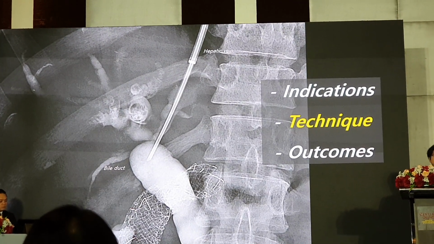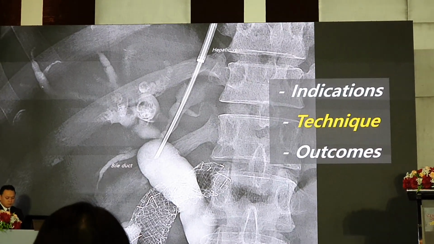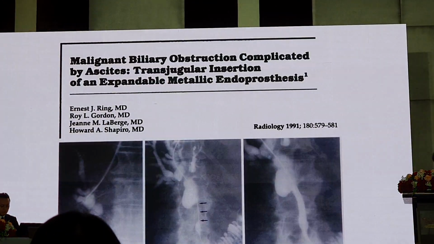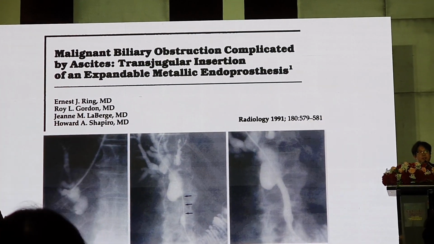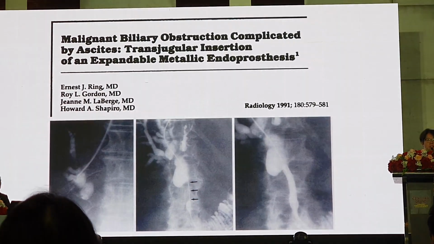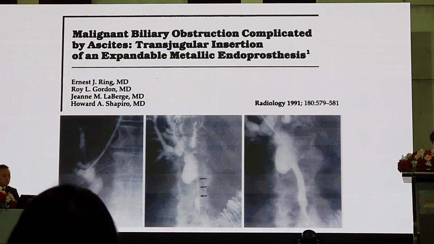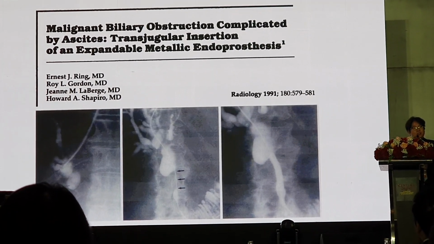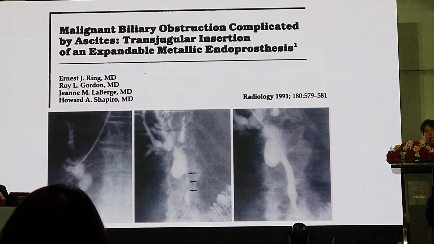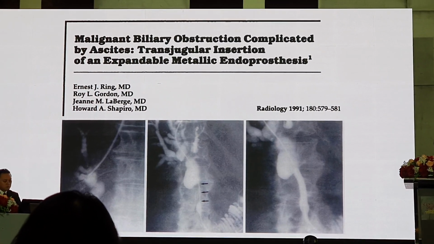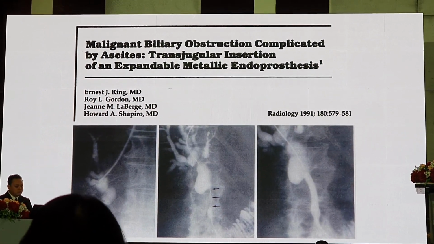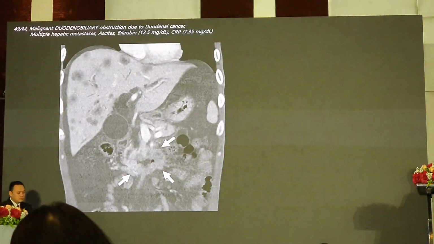Let me show some important techniques for the transjugular insertion of a biliary stent. This is the first case report, published in 1991. At that time, the authors also performed transjugular biliary stenting. It was a very safe and effective method, but they reported only one case.